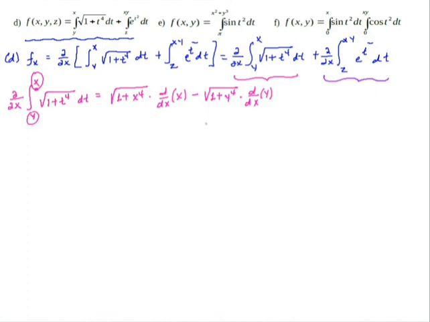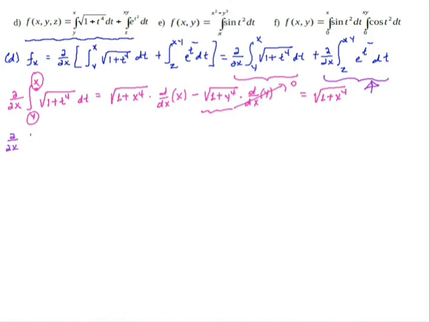Okay, so this term is 0 because we are taking the derivative with respect to x. Since this is 0, this whole term is 0 because it is multiplied by 0. Therefore this is radical 1 plus x to the power of 4. Now let's come to the other one and evaluate this integral part.